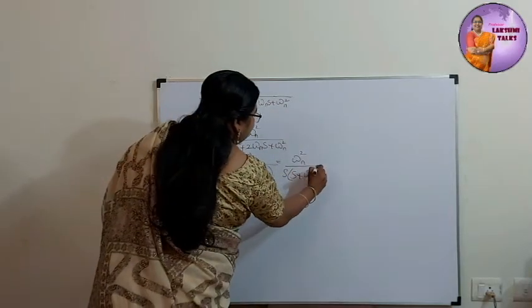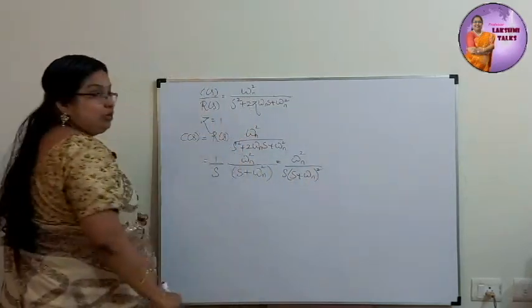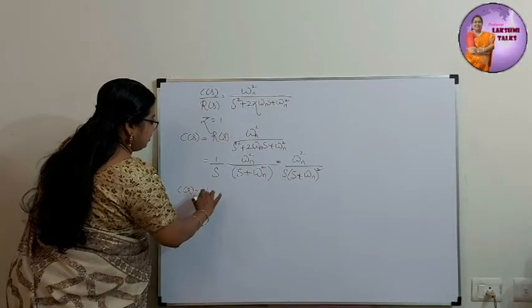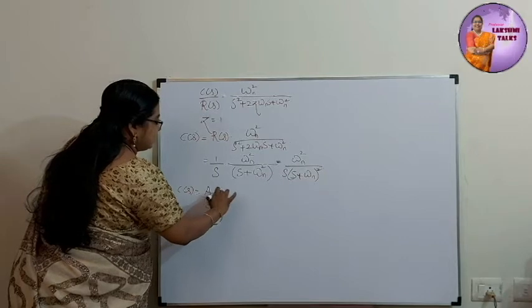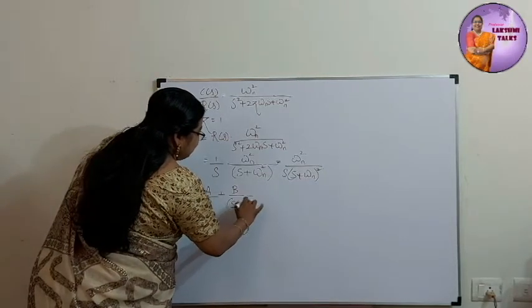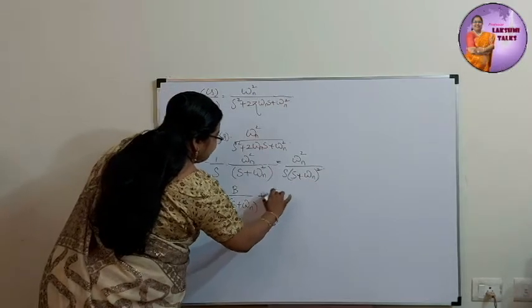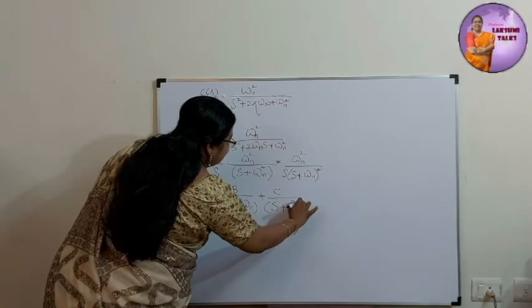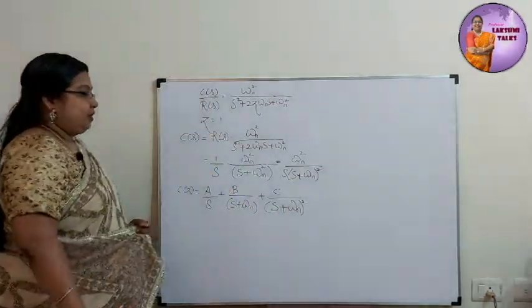Now we have to use partial fraction method to split them. So C of s is equal to a by s plus b by s plus omega n plus c by s plus omega n the whole square. Right?